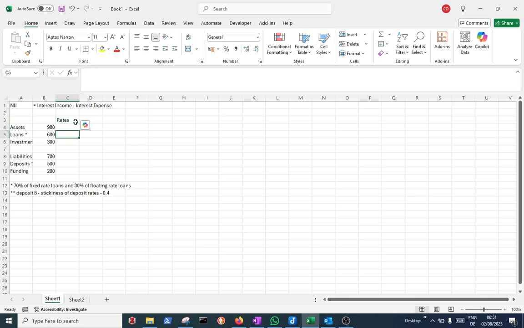We'll have for loans, let's say, 5%. From our investments, let's say we have overall 3%. From liabilities, for deposits, we're going to pay our clients, let's say 4%. And for funding, we're going to pay 2%.